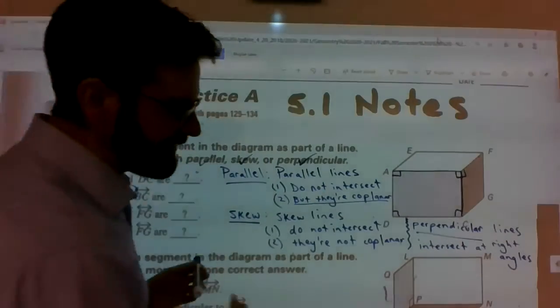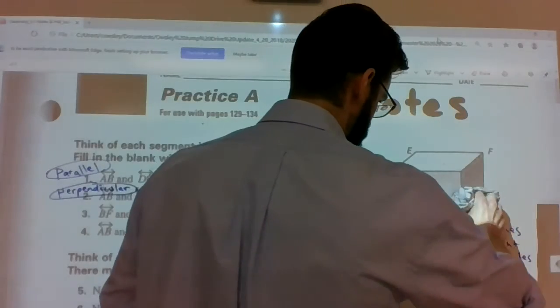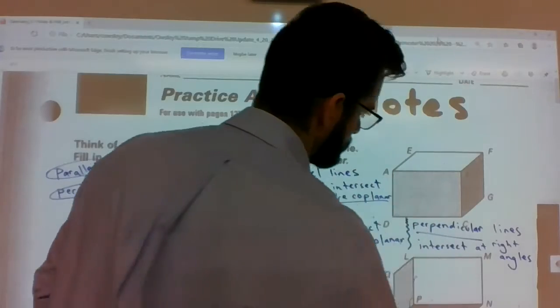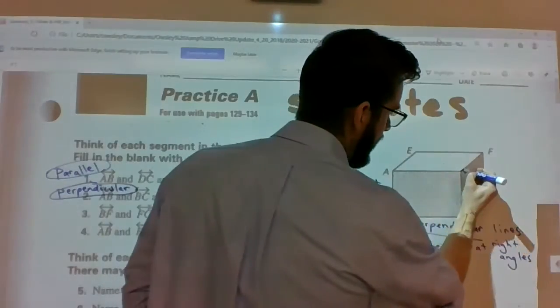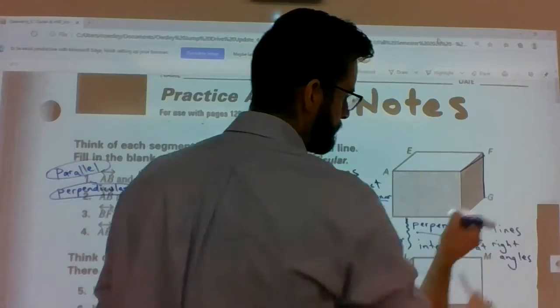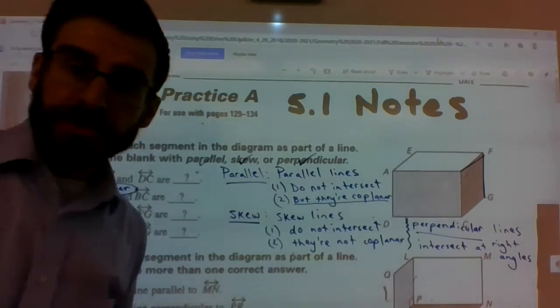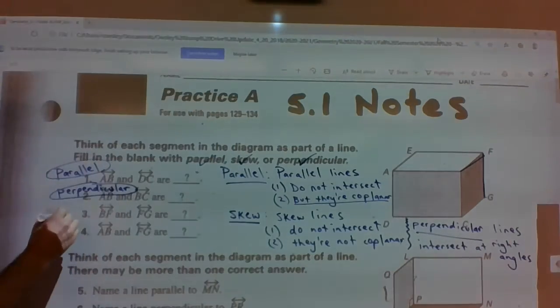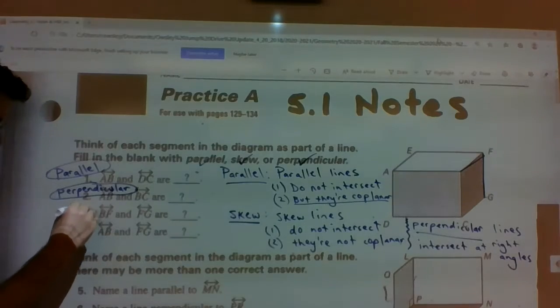How about BF and FG? Here's BF, here's FG. Those also intersect at 90-degree angles, so they're perpendicular.